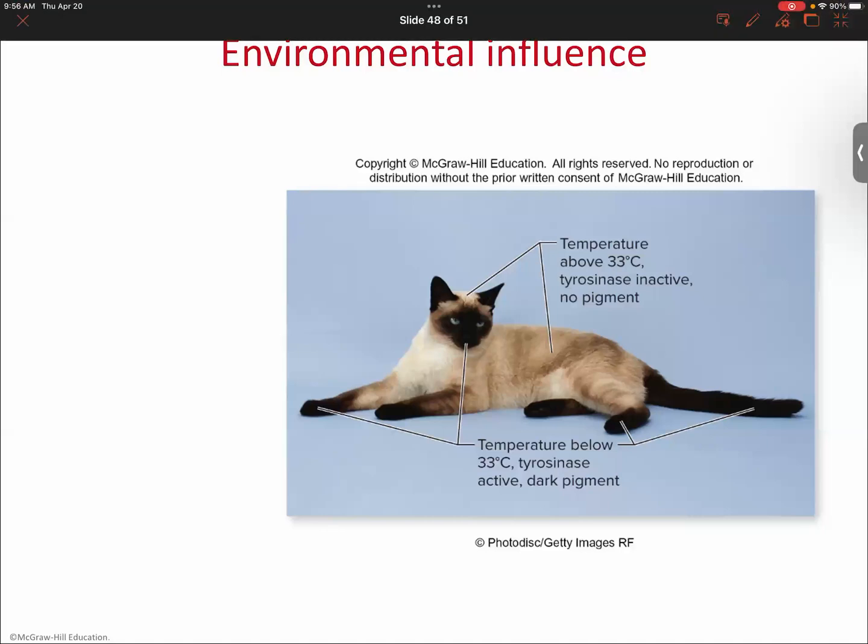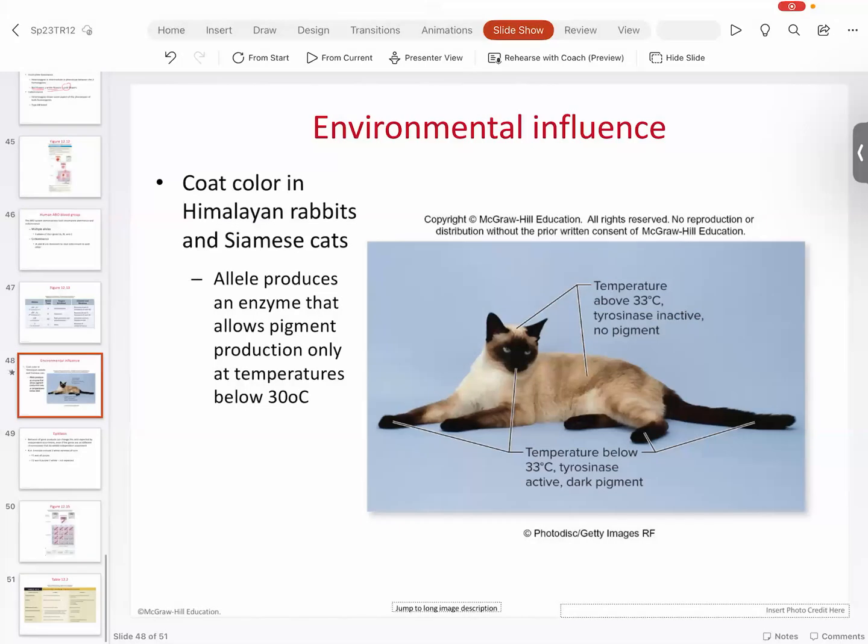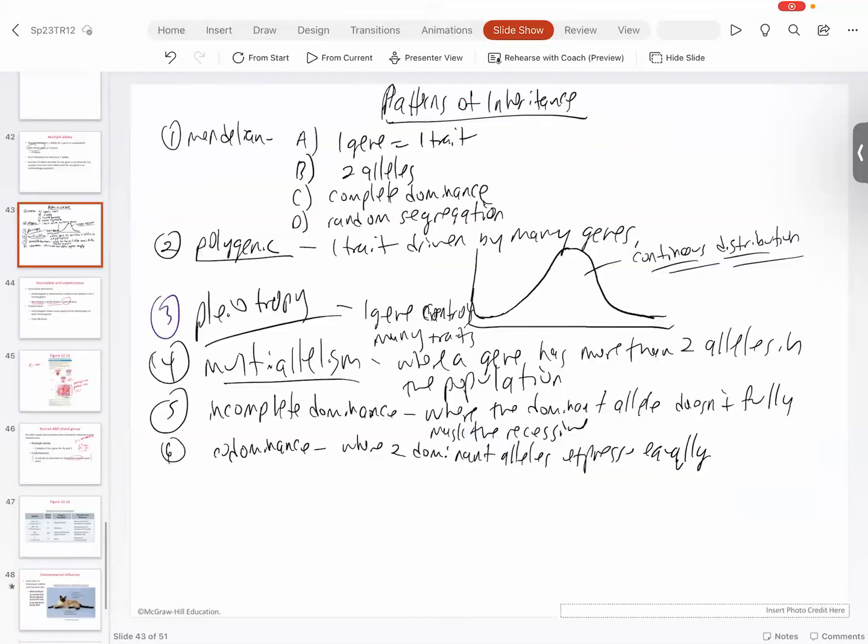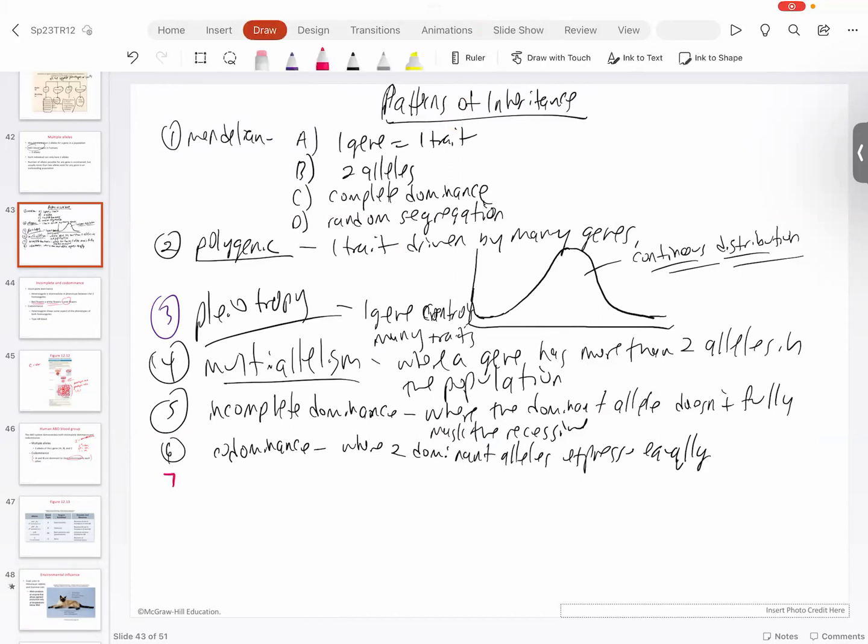Okay, so let's talk about cats, shall we? Siamese are cool. I'm not a cat person, first of all, and I freely admit that. I don't wish any ill will on them or anything like that. I'm more of a dog person. I like the dumb, lovable thing.